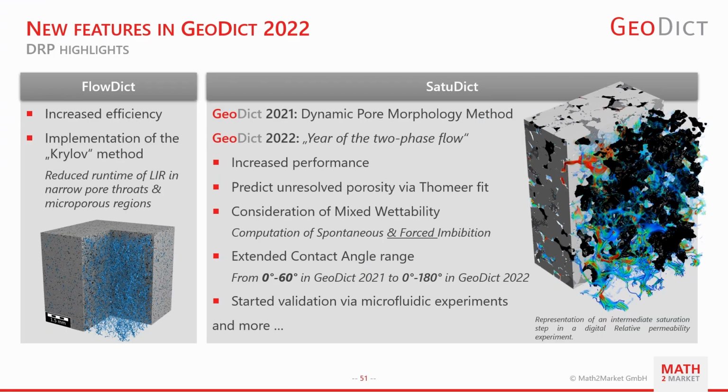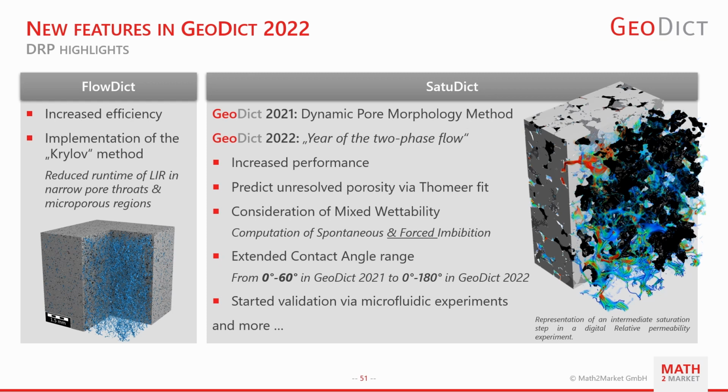Finally, I want to sum up the new features which were discussed in this workshop of GeoDict 2022. For FlowDict, this would be the increased efficiency by the implementation of the Krylov method. This method reduces the runtime of Lear in narrow pore throats and microporous regions.